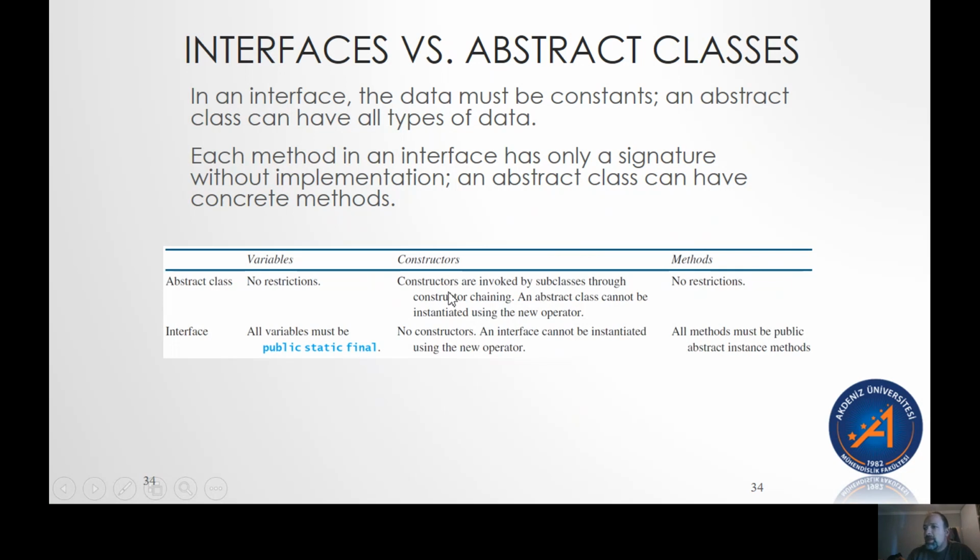Abstract classes have constructors. Now, we cannot create an object of the type of an abstract class, but we can still have constructors so that when subclass objects are created, we can use that constructor as part of the process. So we cannot use the new operator on an abstract class.